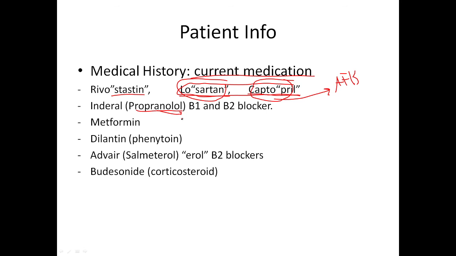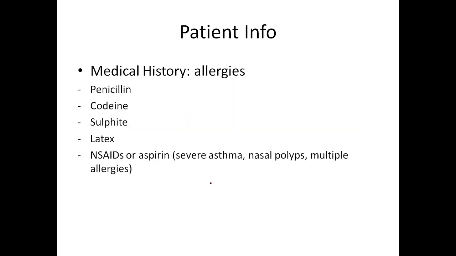Metformin is usually used in diabetes, so it's an oral hypoglycemic. Dilantin or phenytoin is used in epilepsy. Advair is used in asthma. It's usually a mix, or it's salmeterol, a beta 2 agonist. And then you have budesonide, which is a steroid, which you could also see in asthmatics. So just know those things.